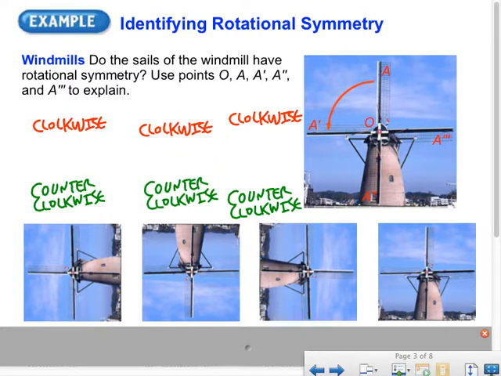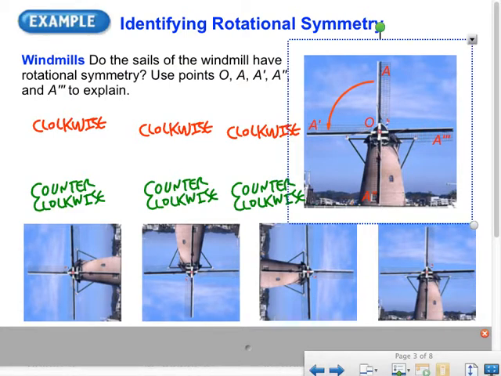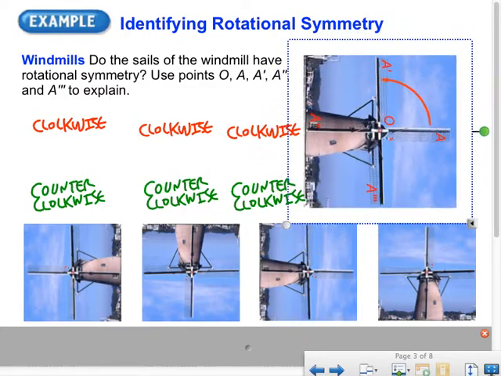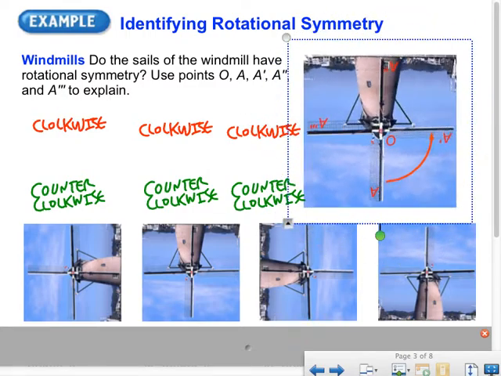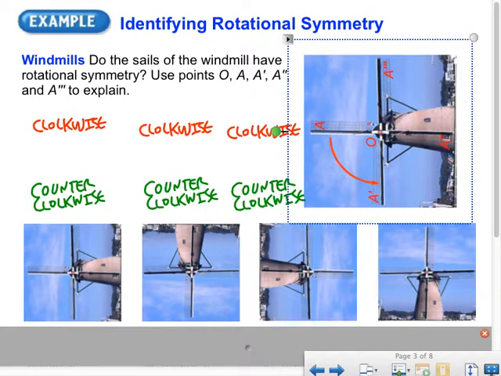Make some space here for our answers. So for the first picture here on the left, if I rotate it clockwise, how many degrees would I rotate it clockwise to get to that position? How many degrees did I just rotate it clockwise?